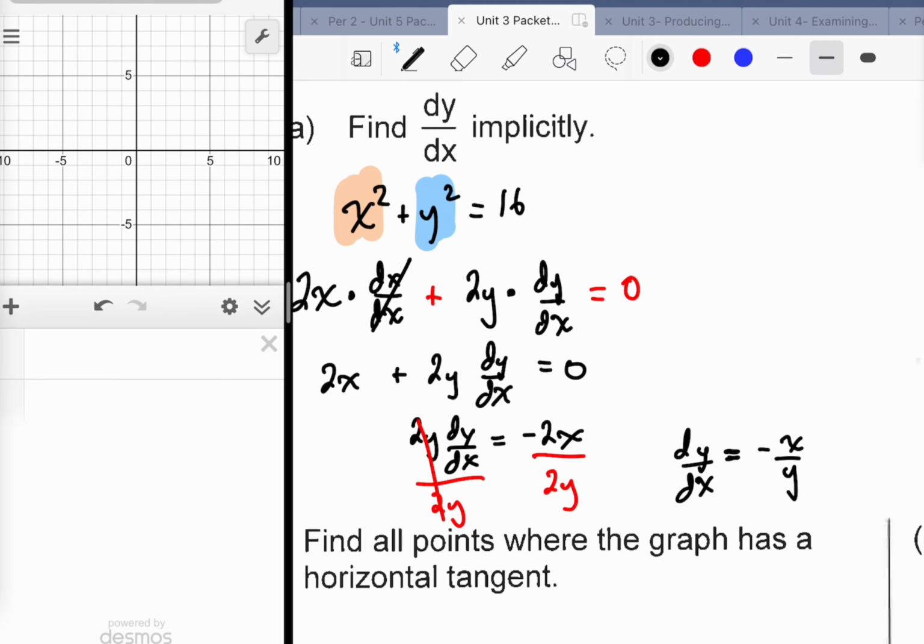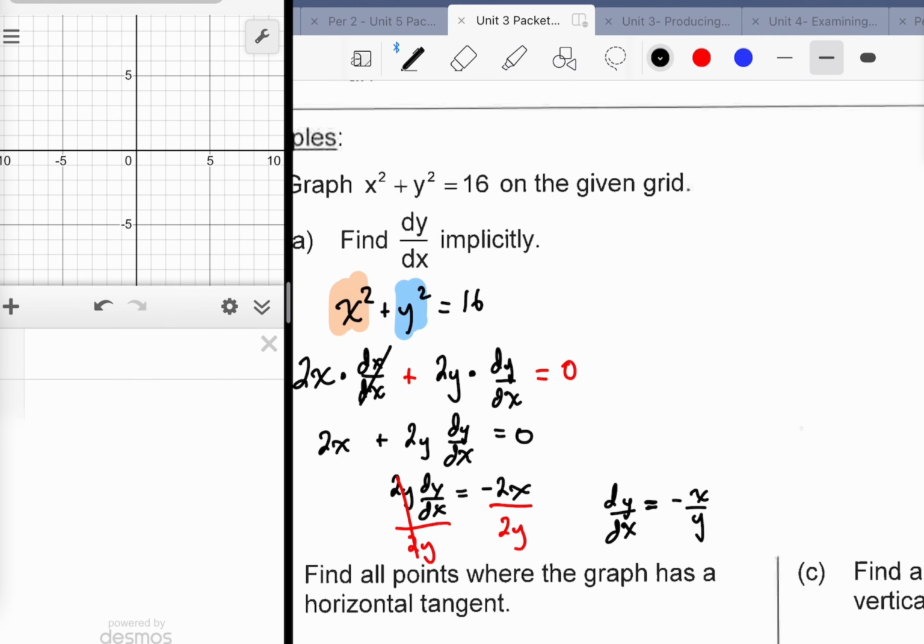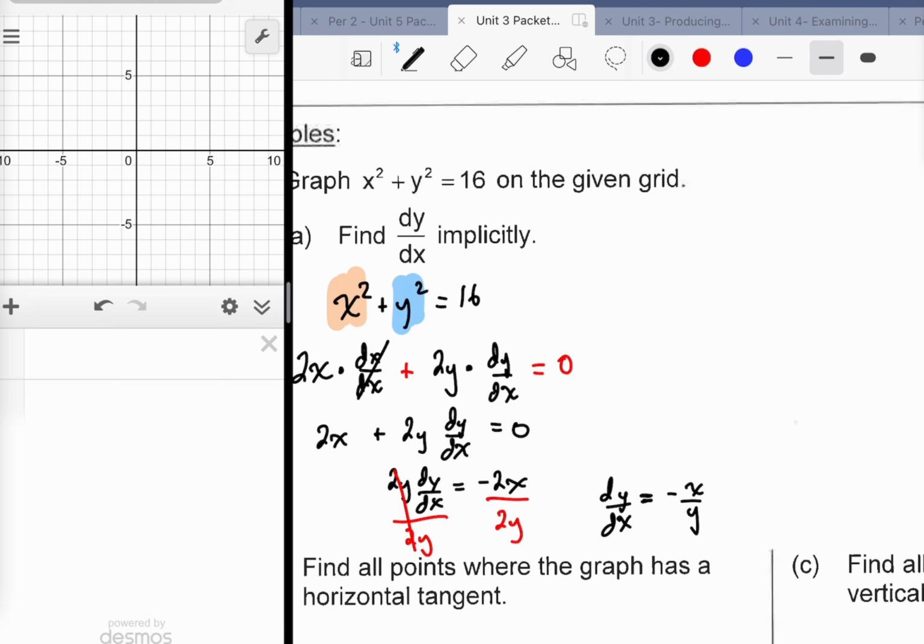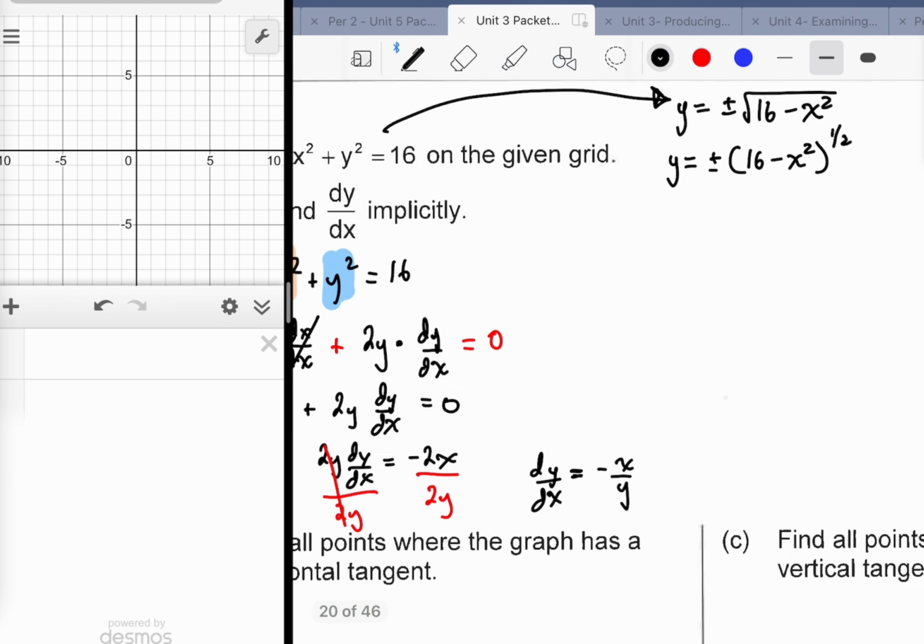All right, very quickly, you don't have to write this down. I'm just going to show you off on the side what you would have had to do if you were to tackle this problem without using implicit differentiation. The first thing you'd have to do is solve for y in terms of x. So y is plus or minus the square root of 16 minus x squared, which would be the same thing as plus or minus (16 minus x squared) to the 1/2 power.